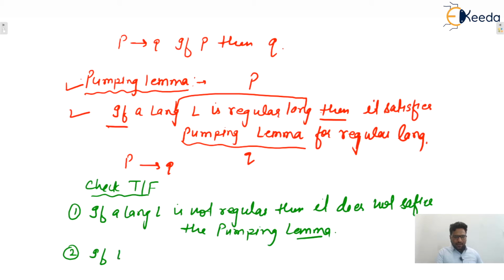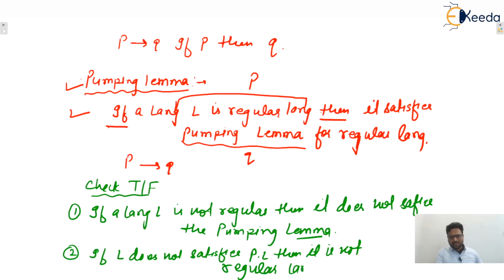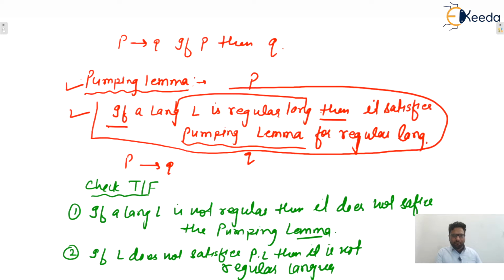If L does not satisfy the pumping lemma, then it is not regular. Now you tell me which one is true, which one is false. If we assume the statement of the pumping lemma as P implies Q, let us assume this is your direct statement.